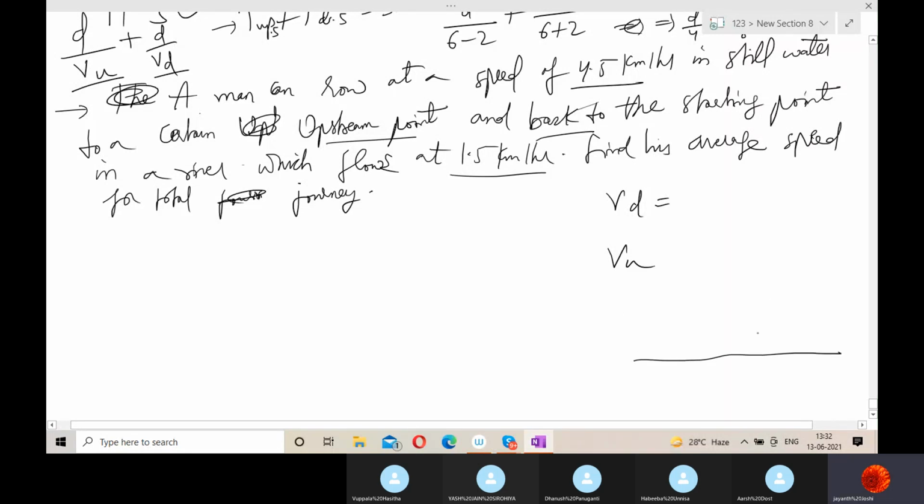The speed of the boat is given as 4.5. And what is the speed of the stream? 1.5 kilometers per hour.